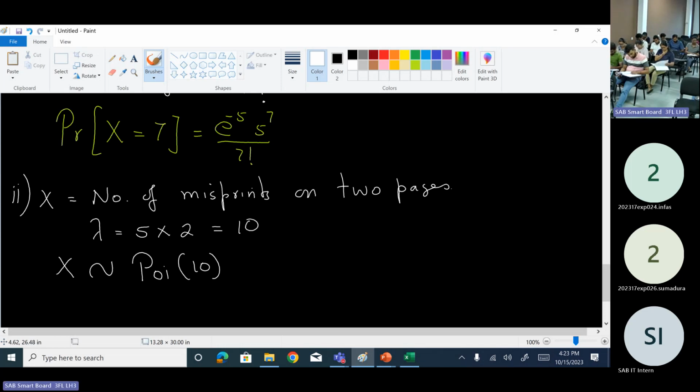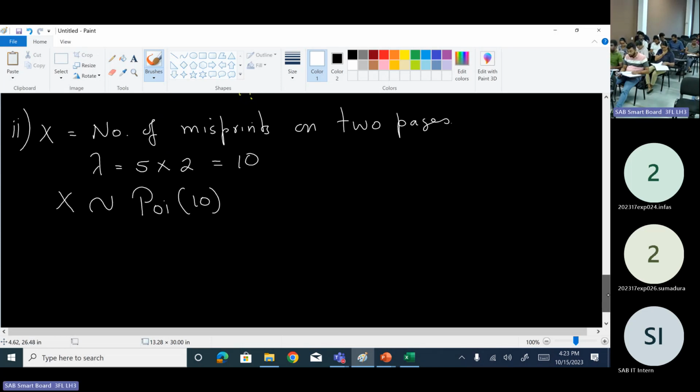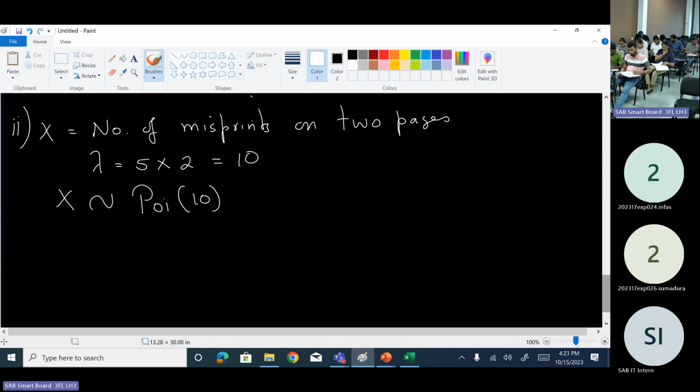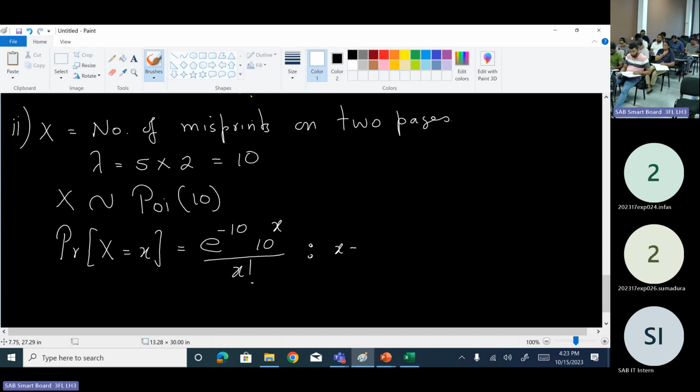So accordingly, the probability function: probability capital X equals small x is e to the minus 10, 10 to the x over x factorial. What values can x take? It can be 0, 1, 2, 3, and so on.